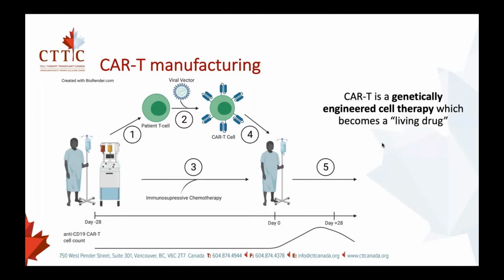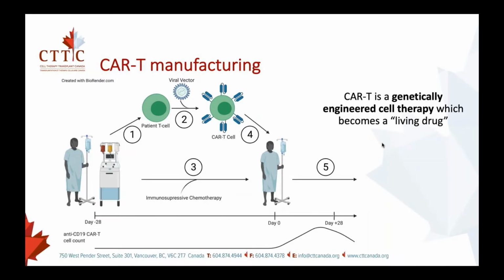We expand these in the lab in the presence of certain cytokines, and then the CAR T cells are administered back to the patient with immunosuppressive lymphodepleting chemotherapy, typically fludarabine or cyclophosphamide, to be given prior to the CAR T cells being administered, due to the fact that this helps the cells engraft in the body and helps prevent rejection of the transgene.